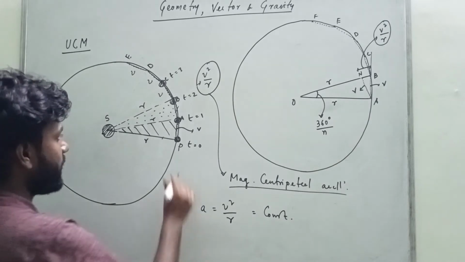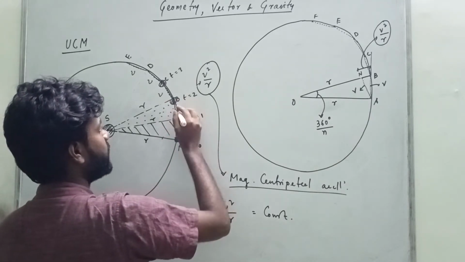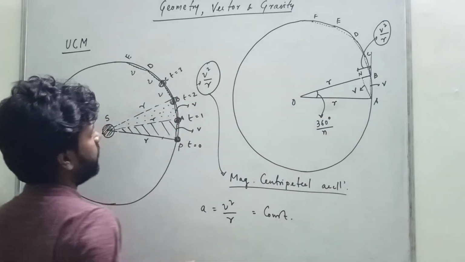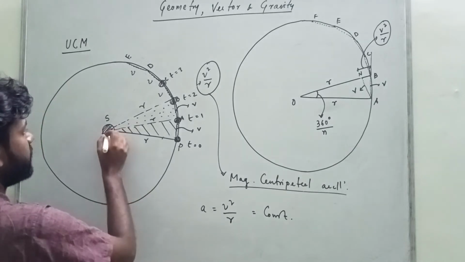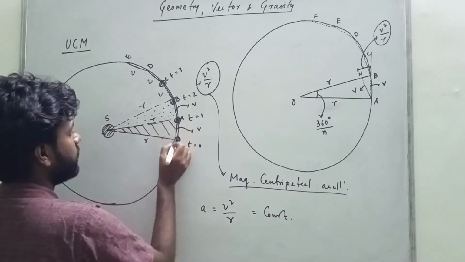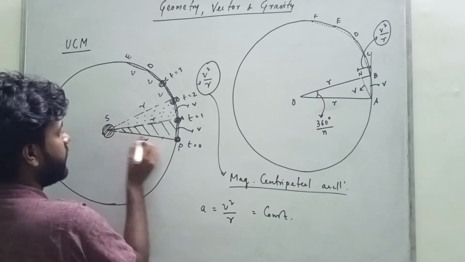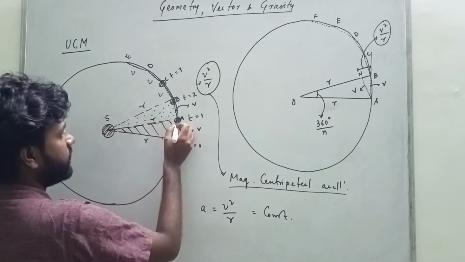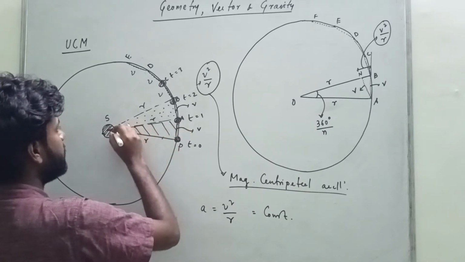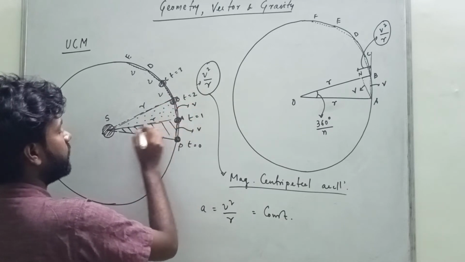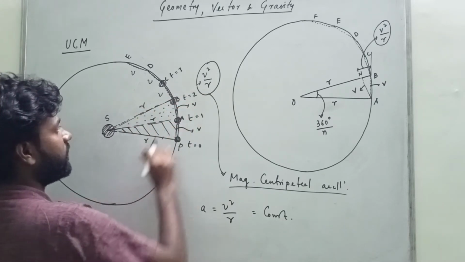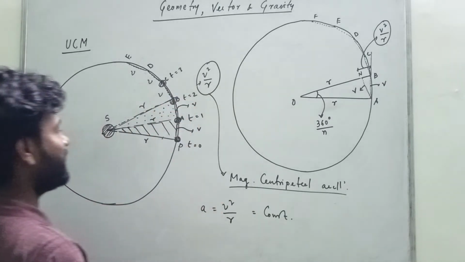And obviously if it is v, then obviously it will be a v. So it is an isosceles triangle with two sides equal to r and the third side is v, right?